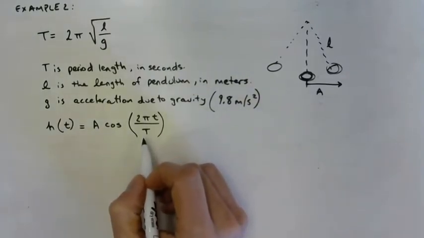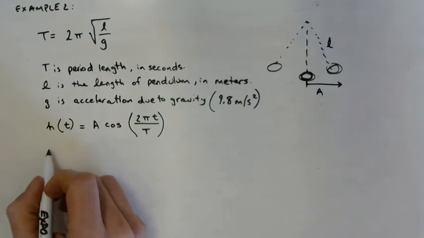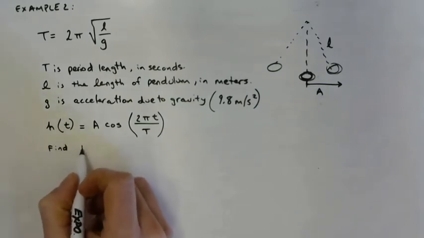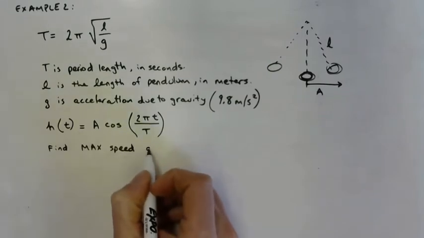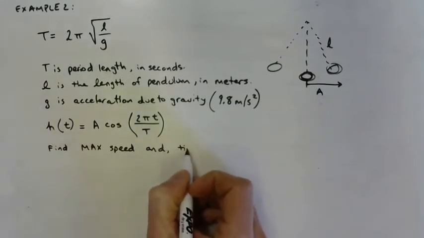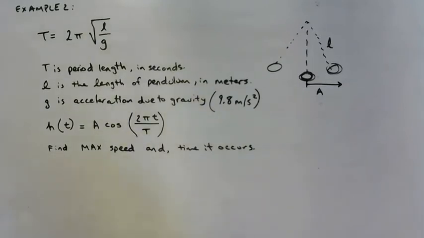And we are going to find the maximum speed of the bob and the time at which that speed first occurs. So find max speed and time it occurs.